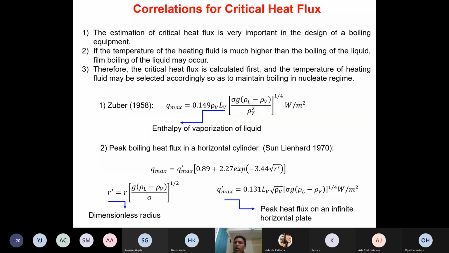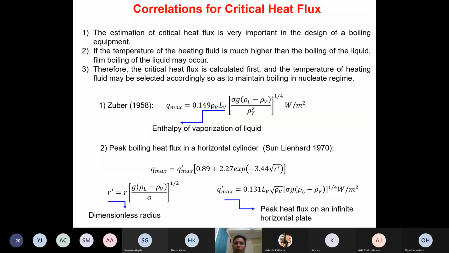So we want to make sure that our equipment operates only in the nucleate boiling regime. And in order to ensure that, while designing the heat transfer equipment, we want to find out this critical heat flux a priori using the correlation, so that my heat transfer always remains in the nucleate boiling regime. Is it clear to all?